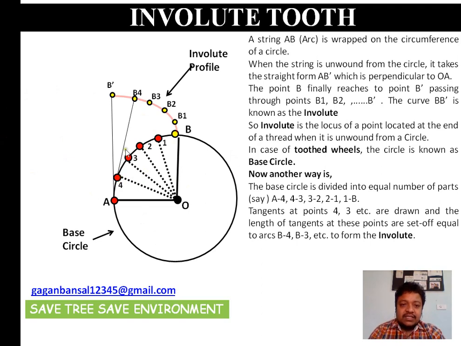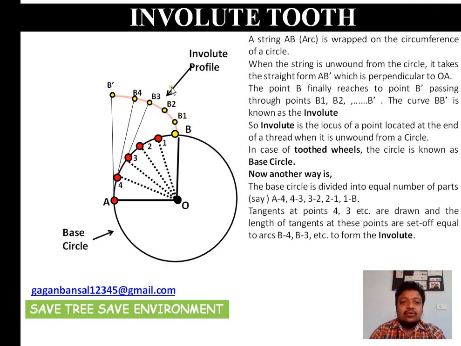The length of this B44, as you concentrate on the figure, from this yellow dot till this, the length of this line that is a tangent to the base circle at point 4 is equal to the arc B4, that is from B to 4.